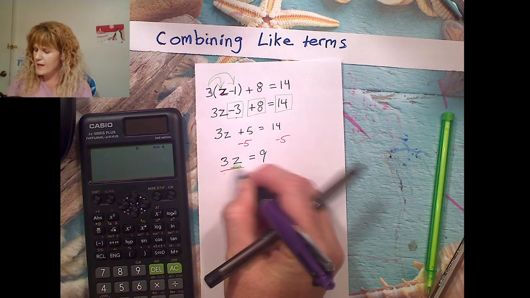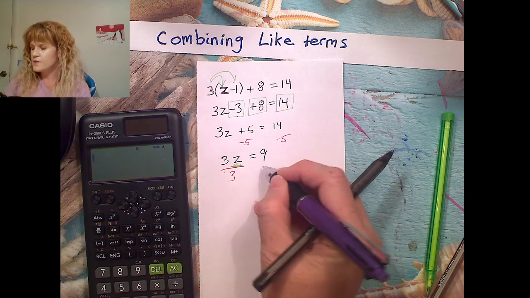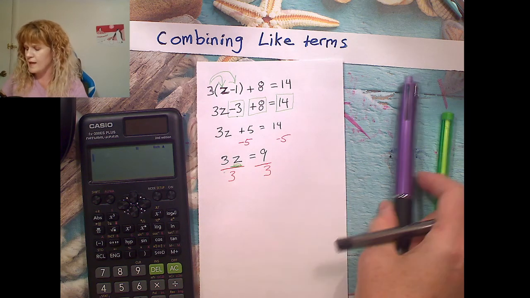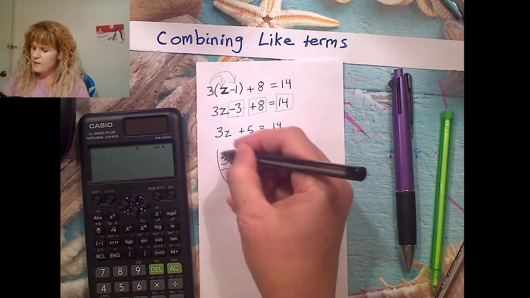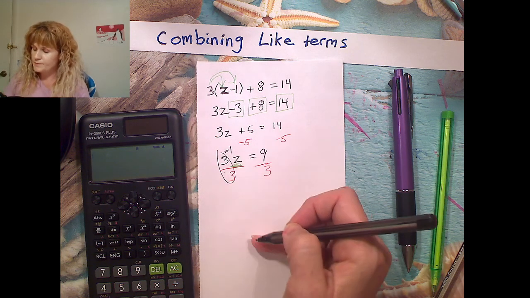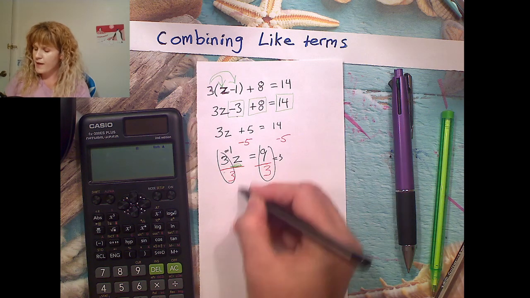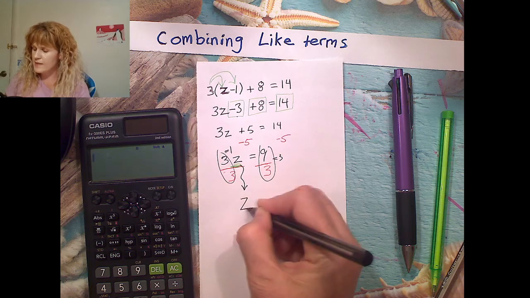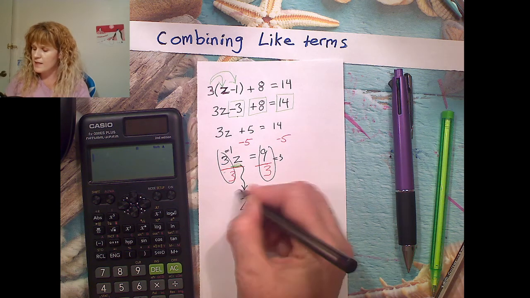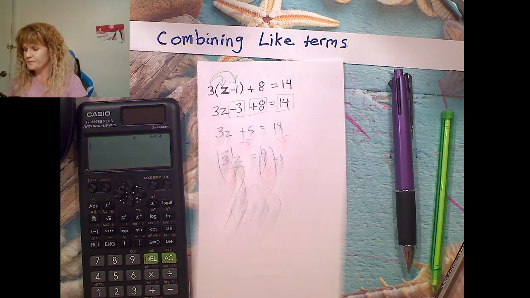I'll just write that as a fraction, divided by 3 on the left side, so do the same thing on the right side. 3 divided by 3 equals 1. 9 divided by 3 equals 3. So finally I get z equals 3. And we did it. We have solved for the unknown.